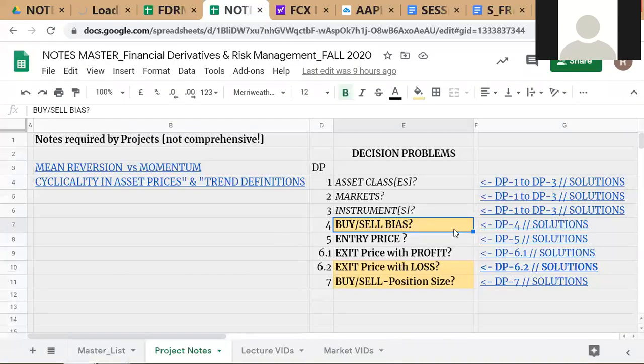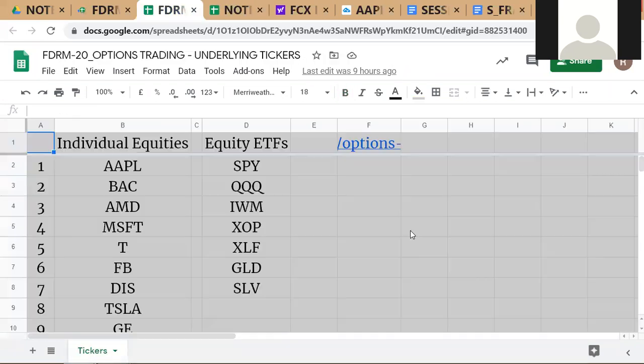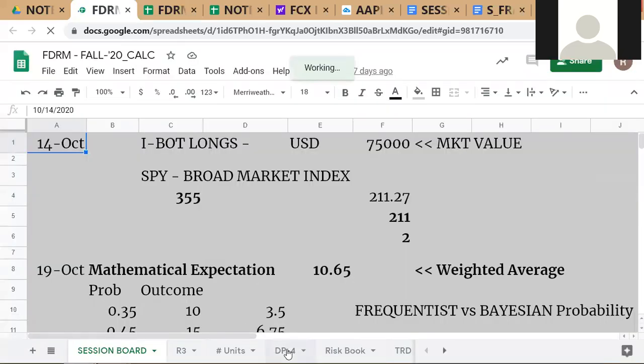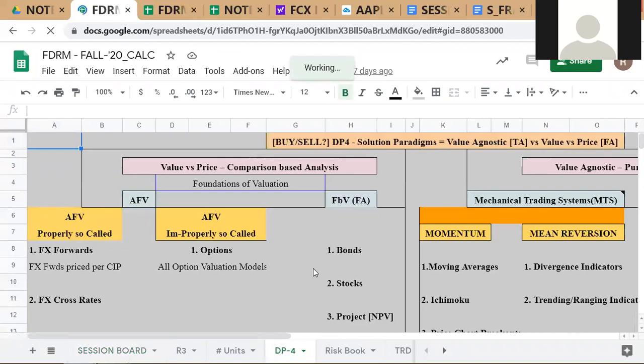In a sense, you will never be able to cover the material for this particular solution, because it involves all the fundamentals and technicals. We will be doing some of this in this course on options trading, where we talk about option pricing models.